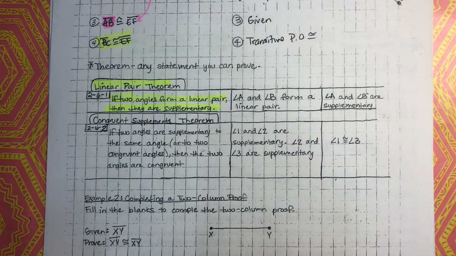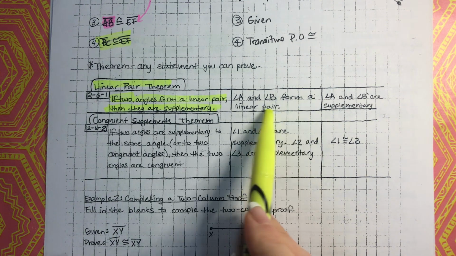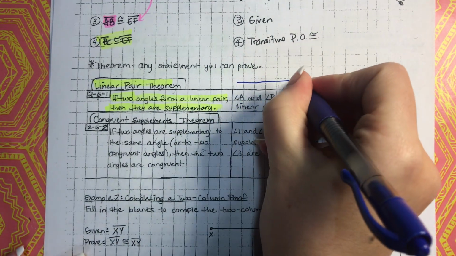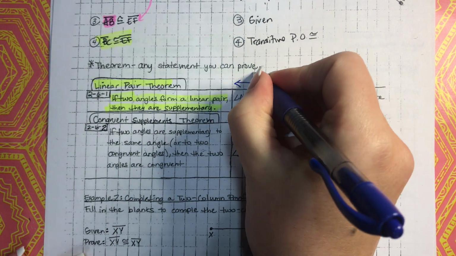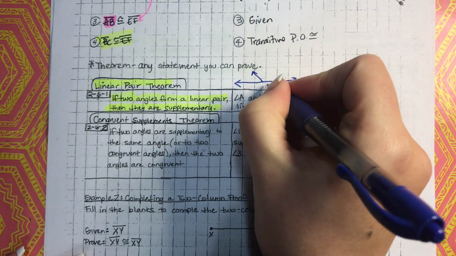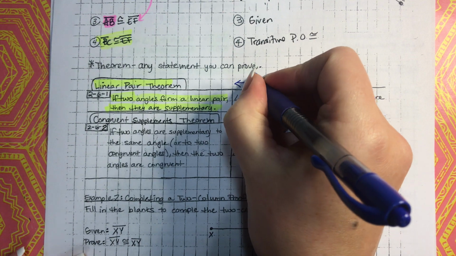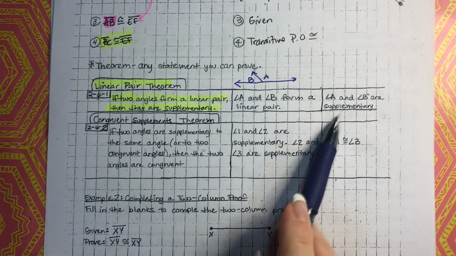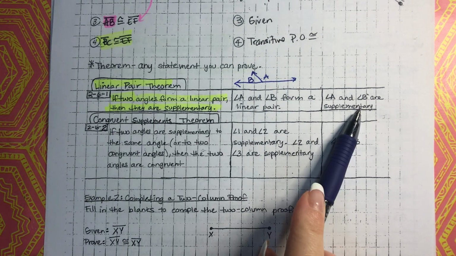Okay? So if A and B form a linear pair, so that would be something like this, right? Like you have a line and you have an angle, and this is angle A and this is angle B. All right, they form a linear pair, therefore you can say they're supplementary.